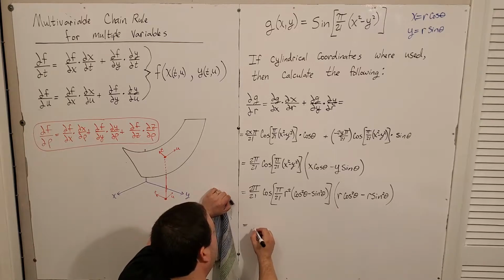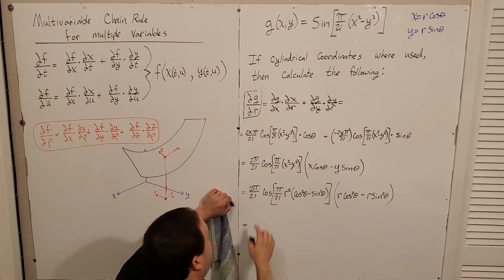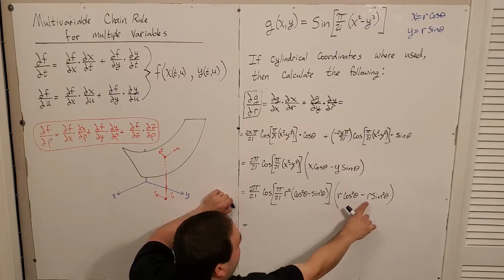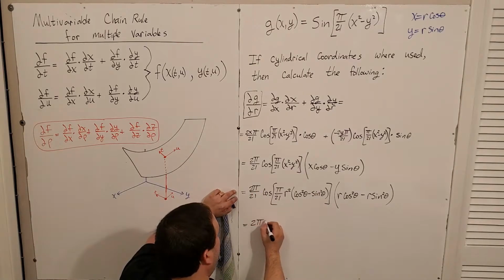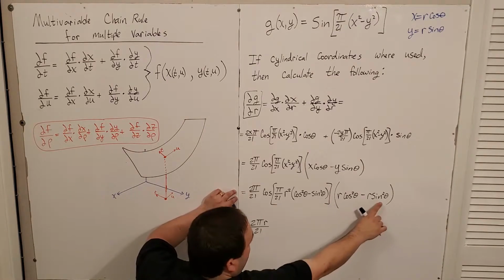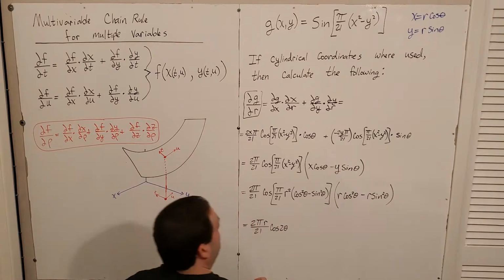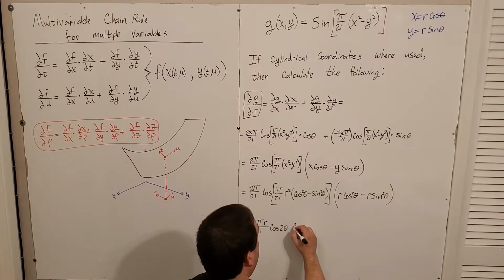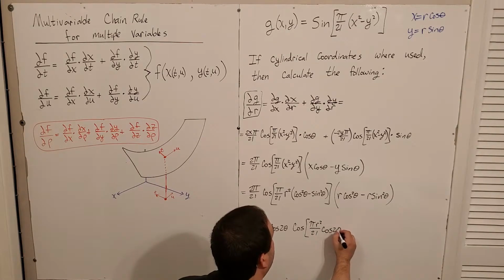So my partial of g with respect to r is equal to, I'm going to factor the r out here, 2 pi r over 21 times cosine squared minus sine squared, which is cosine 2 theta, times cosine of pi r squared over 21 cosine 2 theta.